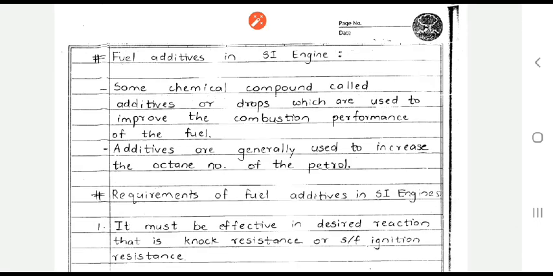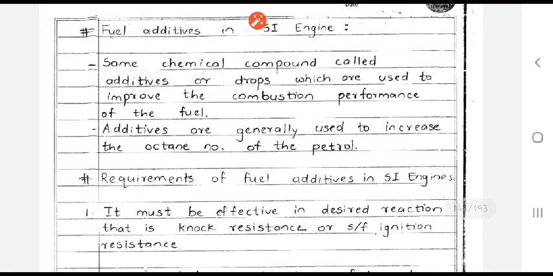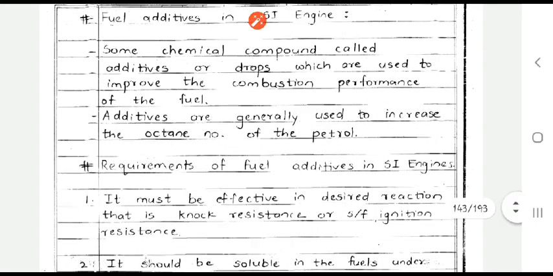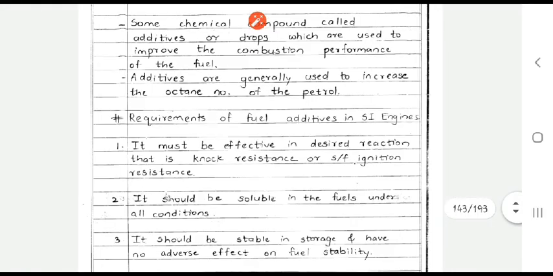We can understand additives as some chemical compound or drops which are used to improve the combustion performance of the fuel. Additives are generally used to increase the octane number of petrol, and when we add additives in diesel, they are useful to increase the cetane number of diesel.